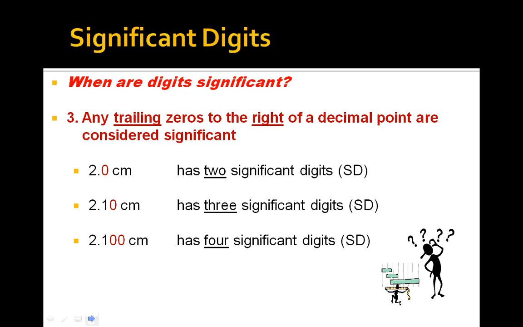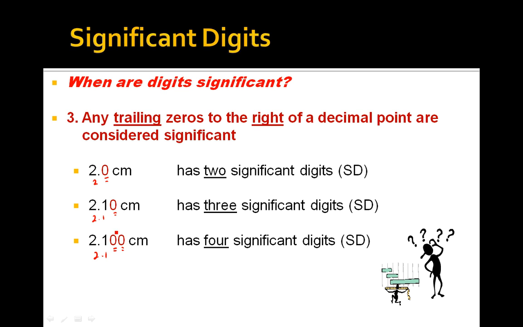Now, the other rule that's important for zeros is if I've got a trailing 0, that means a 0 at the end of a decimal. For example, 2.0, 2.10, 2.100. These are trailing zeros. Why would I have them there? Couldn't I just have written this down as 2 or 2.1? I'm giving you extra information. I'm telling you that this measurement is accurate to 1, 2, 3 decimal places in this situation.